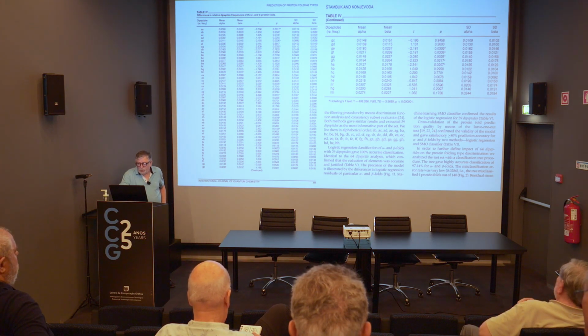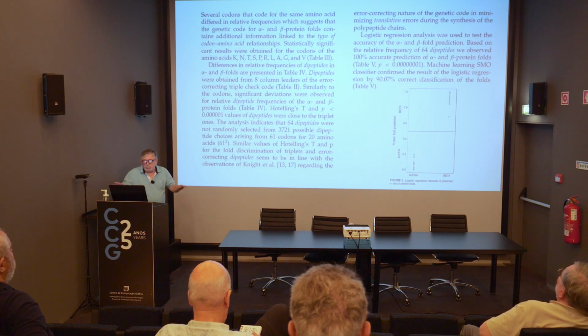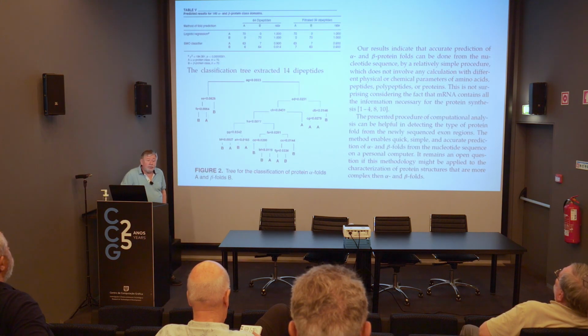In logistic regression, class standard 1 discriminated perfectly between alphas and betas. The results were reliable, confirmed with SMO.